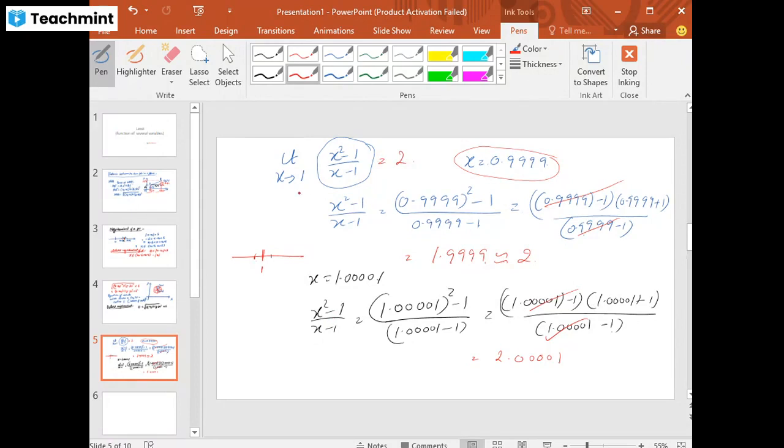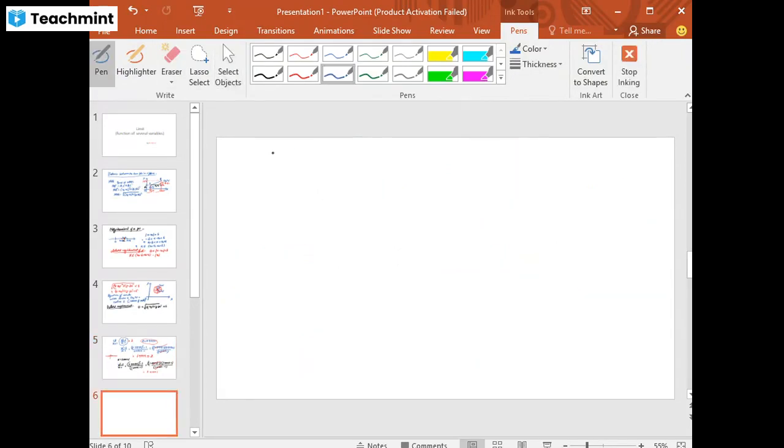Okay. So in this case, we can take any neighborhood of a point other than the point x equal to 1. That's the reason when we calculate the limit of this function, how do we solve it? We can say that limit x approaches to 1, x square minus 1 upon x minus 1. Let me write it in the next slide rather than on the same slide. So how do we calculate the limit of this function?